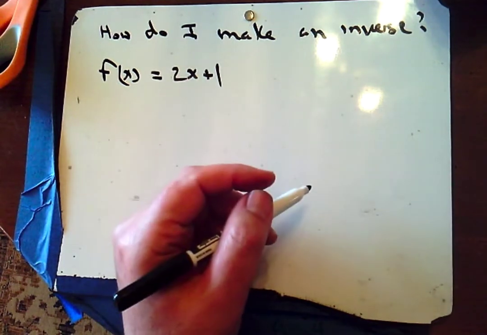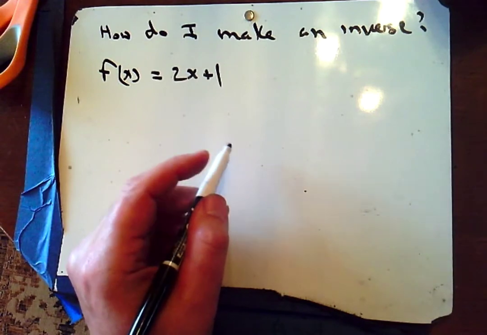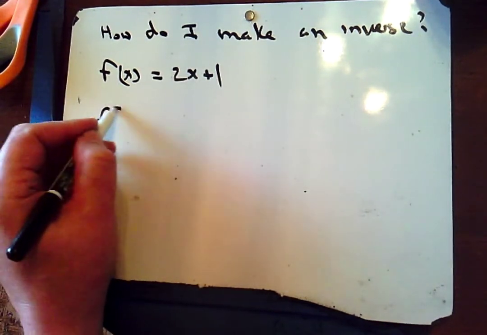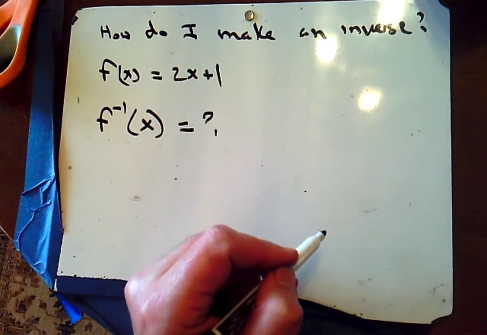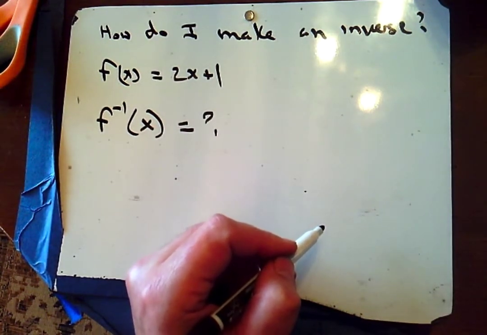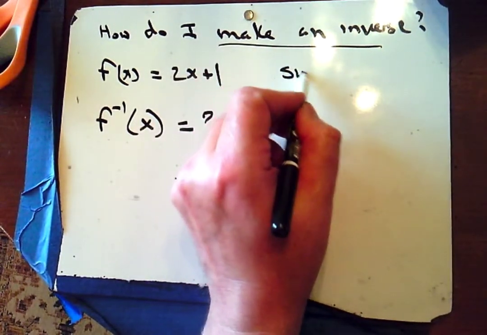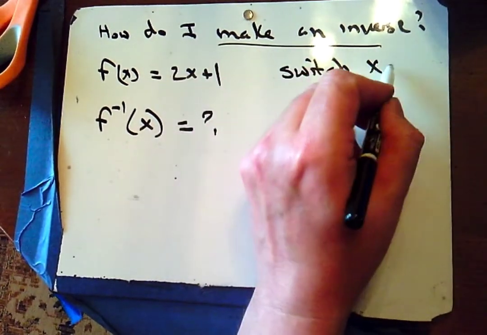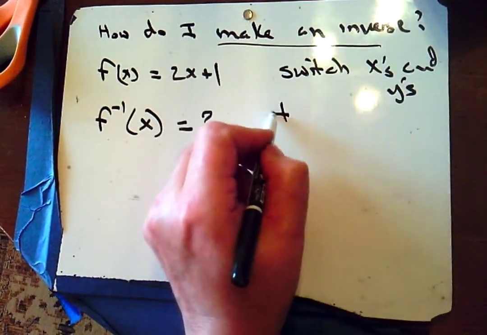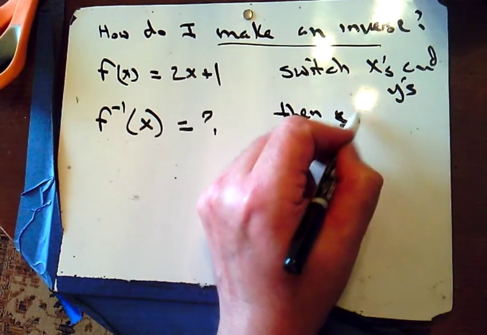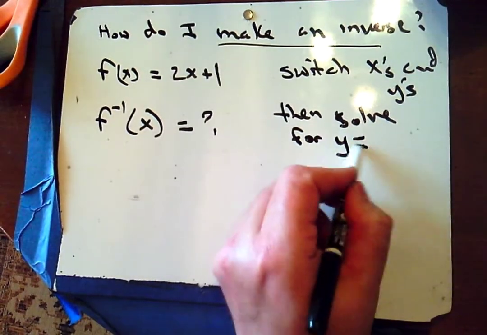That's going to pass the horizontal line test. Well, now that I know it can have an inverse, how do I make the inverse? How do I make f inverse of x appear? Do you remember what we did last year or the year before? To make an inverse, we want to switch x's and y's, then solve for y equals.